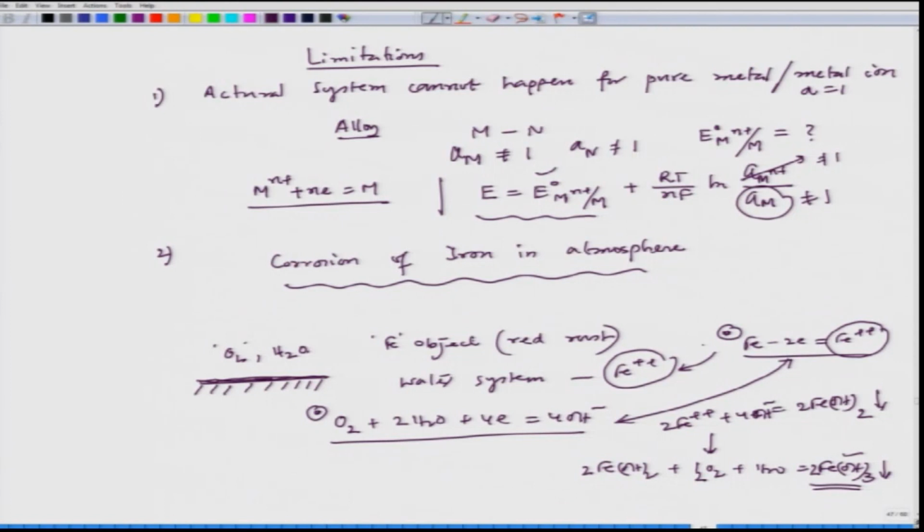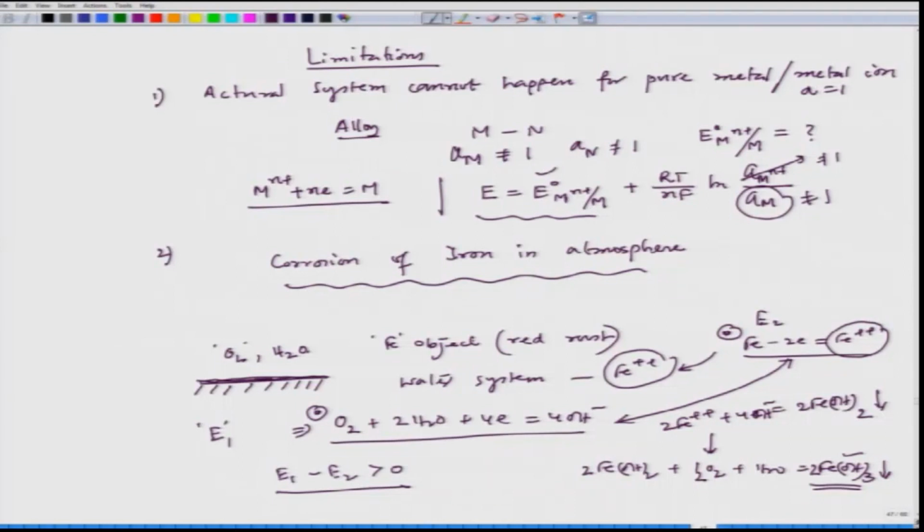Here we can have a reduction potential developed, this is E1, and here also we have a potential developed. So, if E1 less than E2 is greater than 0, then we can say that iron corrosion would be a possibility.